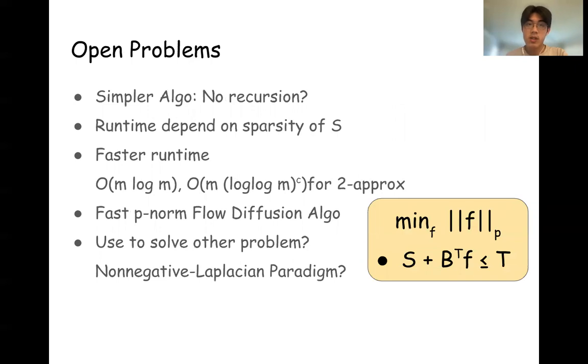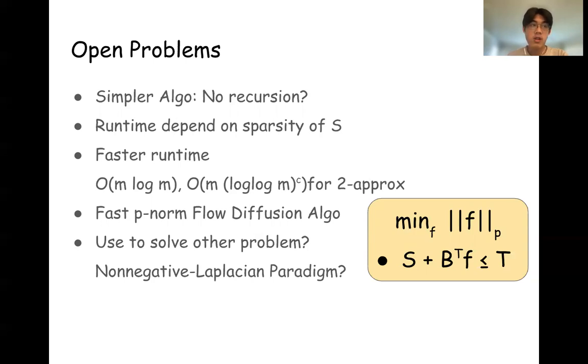Next we discuss some open problems and future directions. The first is, can we find a simpler algorithm for the two-norm diffusion problem, that is, an algorithm without the recursion? The second one is, can we find an algorithm whose running time depends only on the sparsity of S?